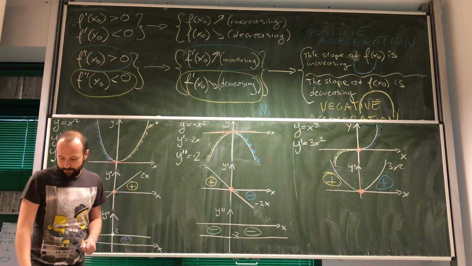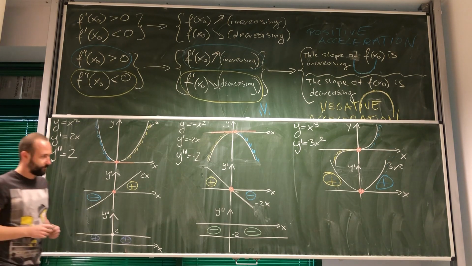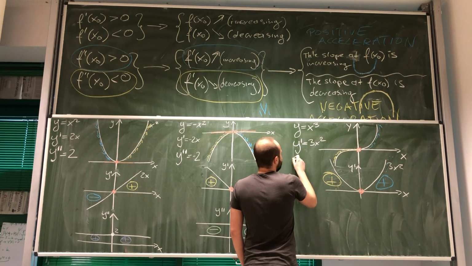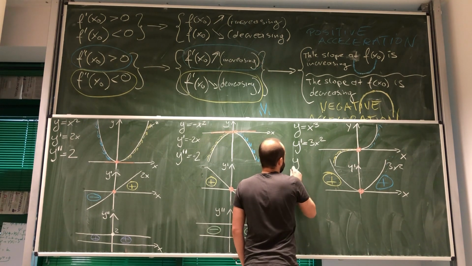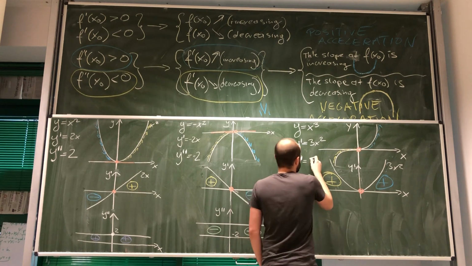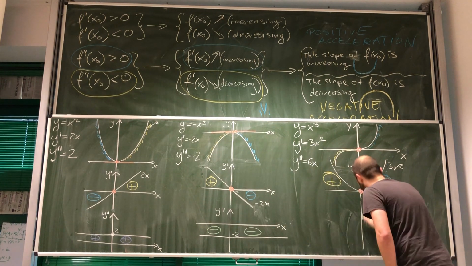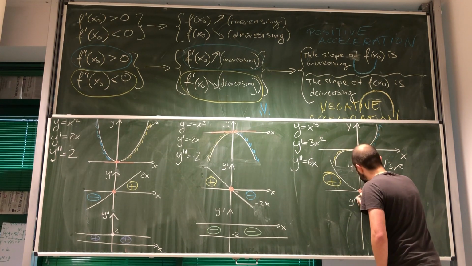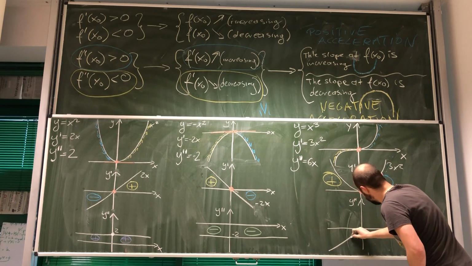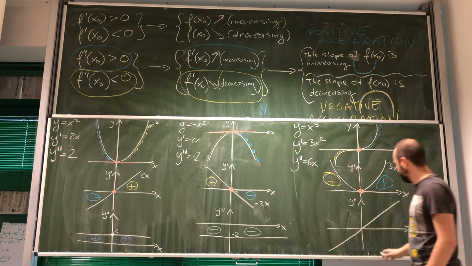But let's see what happens if we calculate here the second derivative. And look, the second derivative here is 6x. So if I want to draw the second derivative, I'm drawing a function like this.